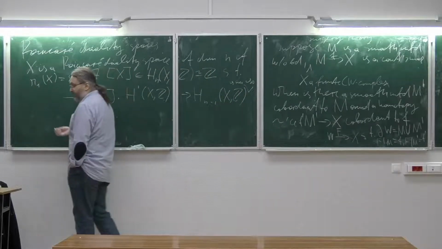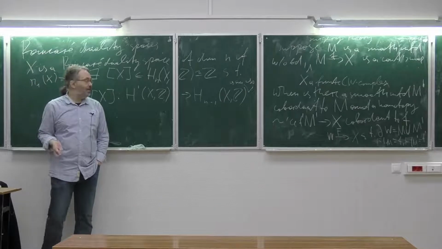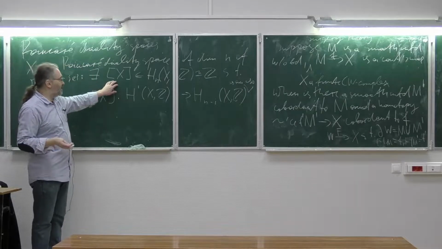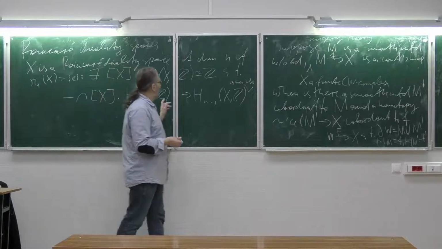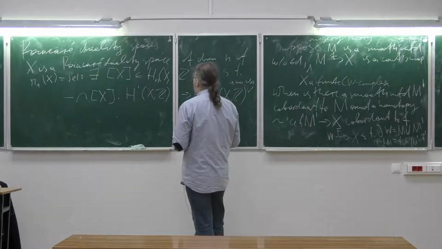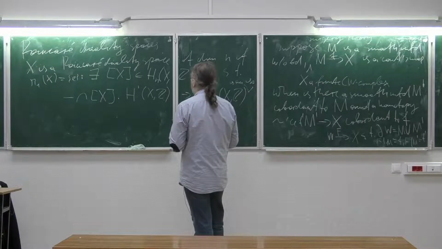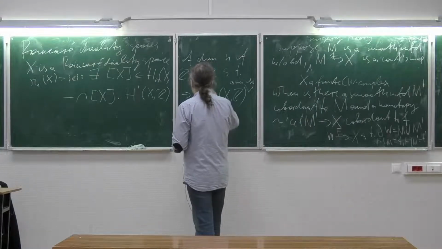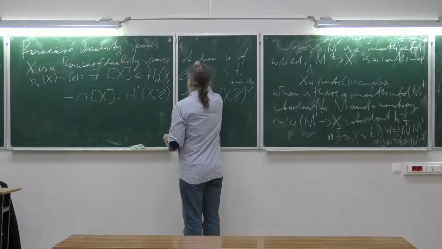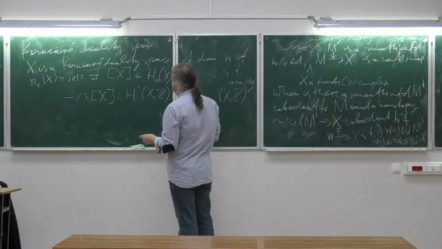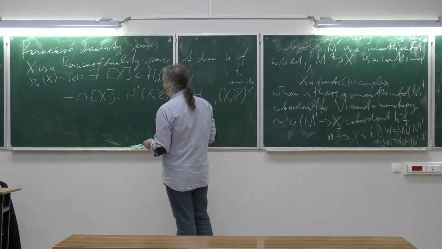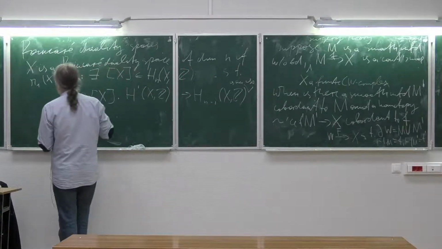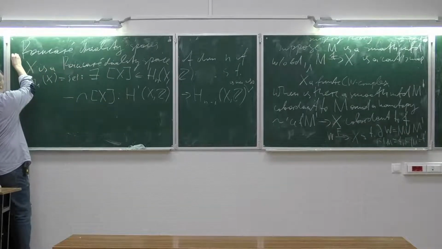And one way to do this would be to require that there should be an element of H_n(X). Well, let me erase this. This is a consequence. Let me assume here that X is path connected.